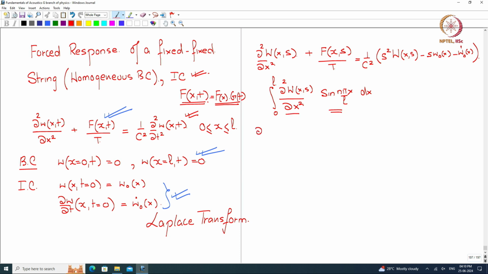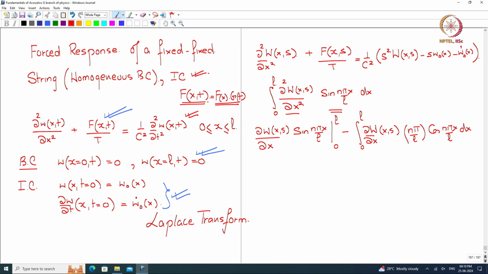So if I do that, I have del W of x comma s by del x into sine n pi x by L over 0 to L minus an integral which has the integral of the first function and the derivative of the second function n pi by L cos n pi x by L dx.